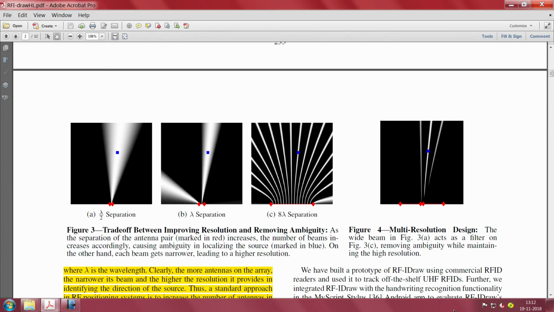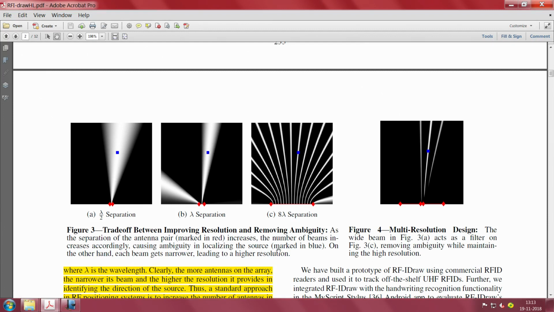Now you must understand this picture and keep the following in mind. The takeaway indeed is the trade-off between improving resolution and removing ambiguity. As the separation of the antenna pair increases, the number of beams also increases, that is obvious, causing ambiguity in localizing the source, which is marked in blue, which is nothing but the tag of interest. On the other hand, each beam gets narrower, leading to higher resolution.